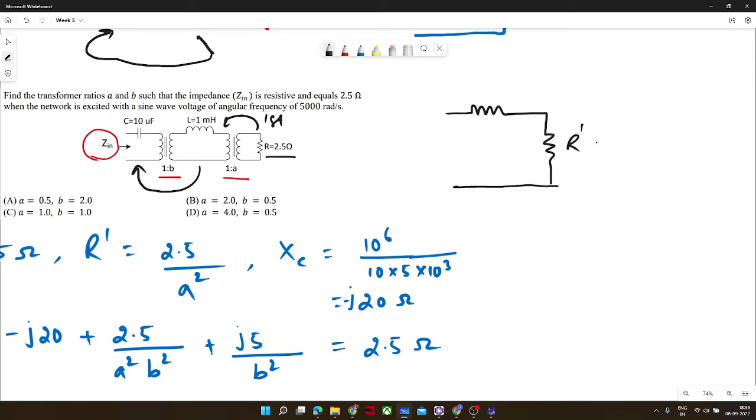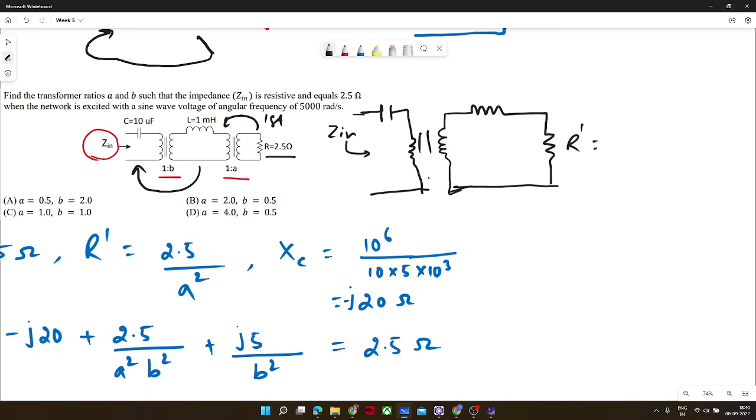R dash, its value would be what? Can anybody tell me what will be the value of R dash? No exact value, even in expression form with A or B, anything, if you are able to guess.